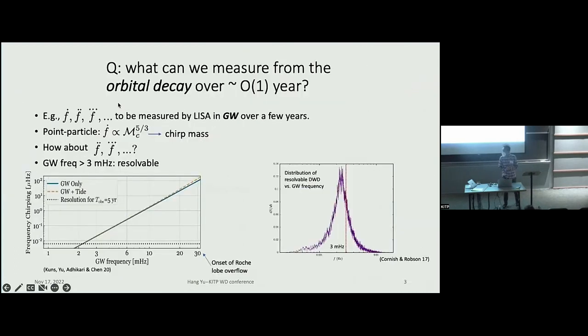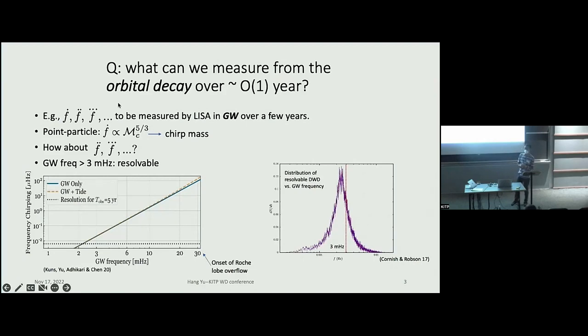So to see the significance of the tide, let's first consider its impact on the orbital decay of a double white dwarf system. Suppose we have LISA. We can then monitor the gravitational wave signal from a double white dwarf for maybe a few years. And then over this period, we can measure the orbital decay of the binary.